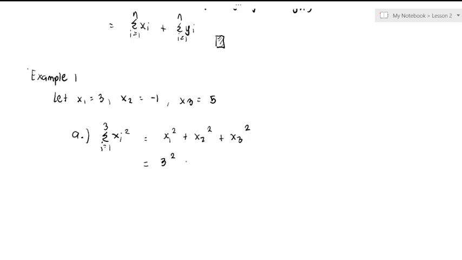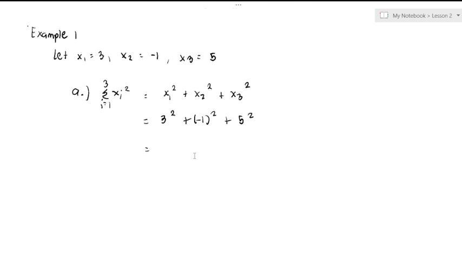So, this is 3 squared plus x sub 2 is negative 1. So, negative 1 squared plus x sub 3 is 5. So, this is 5 squared. Okay? So, let's find the sum. So, this is 9. And then negative 1 squared is positive 1. And then 5 squared is 25.